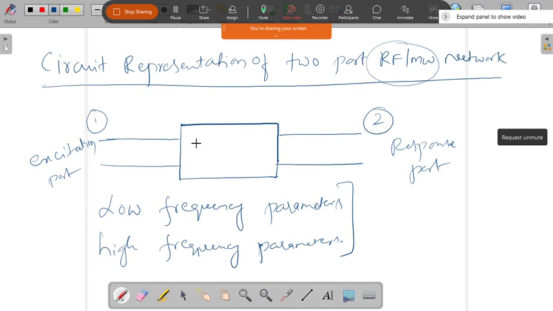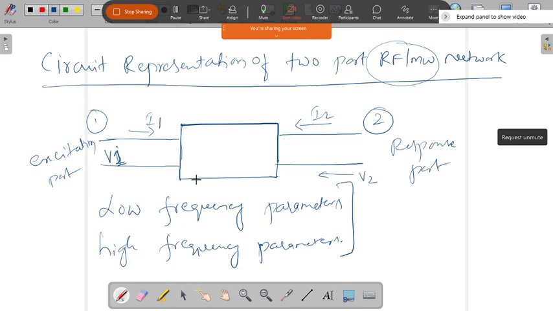In your network analysis you have studied how to characterize the two-port network. If I apply the input voltage V1, there will be a corresponding I1, and similarly if I put V2, there is a corresponding I2.